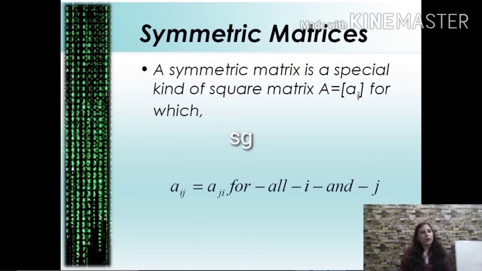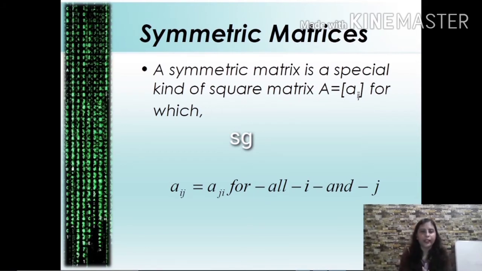Okay. Now again, in a question they will not mention what a symmetric matrix is. They will simply say, let A be a symmetric matrix. We need to know what a symmetric matrix means. We consider a square matrix A of the form aij, where obviously i and j are the row and column numbers we are considering, and aij is the element from the ith row and jth column.